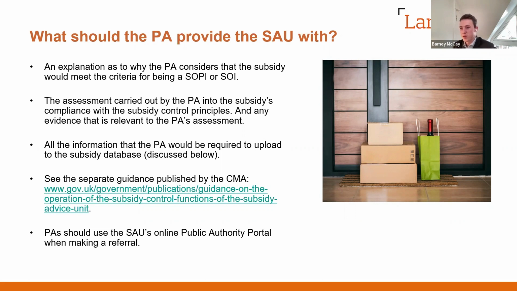The public authority needs to provide the unit with the assessment that it carried out of the subsidy's compliance with the subsidy control principles and any evidence that was relevant to that assessment. And the authority also needs to provide the Subsidy Advice Unit with the information that the authority would be required to upload onto the subsidy database. And I'll come onto the database in the next section when I discuss the transparency requirements.